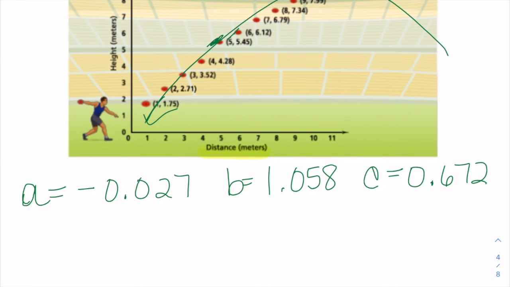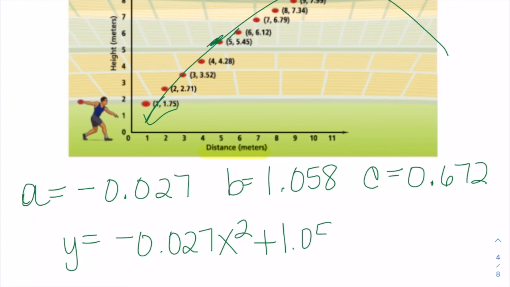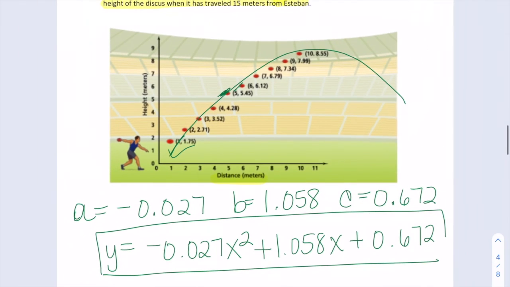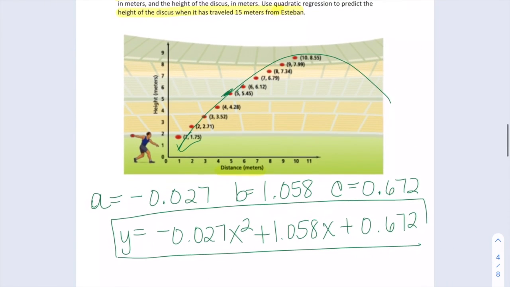So an equation for this parabola would be negative, because it's opening down, 0.027x squared, because that's my a, plus 1.058 times x, because that's our b, and then our constant is 0.672. That's the equation.